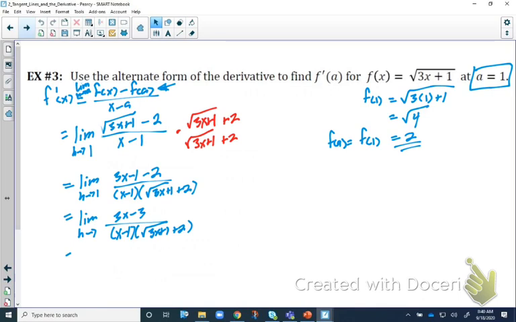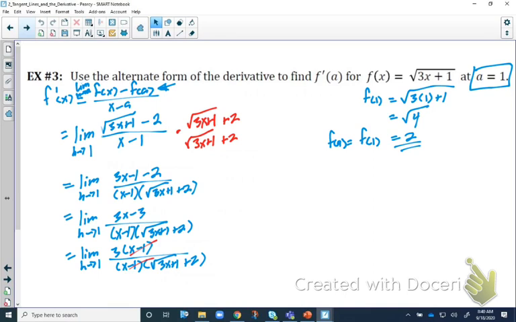And you can see in the numerator, we can factor out the 3, and I will say 3 times x minus 1 over x minus 1 times square root of 3x plus 1 plus 2. And we see here x minus 1 and x minus 1, those factors simplify.